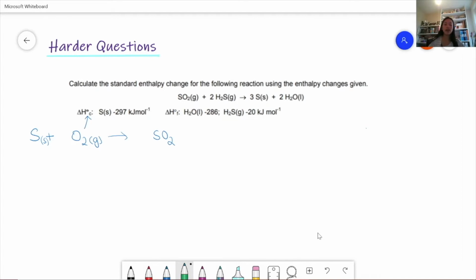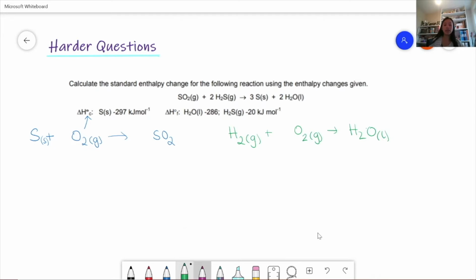And then we look at the formation of water and of H2S. So the enthalpy change of formation is the enthalpy change when 1 mole of the thing we want is formed. So that means that 1 mole of water is formed from its constituent elements. So using hydrogen in its standard state and oxygen in its standard state, we need to form 1 mole of water in its standard state.